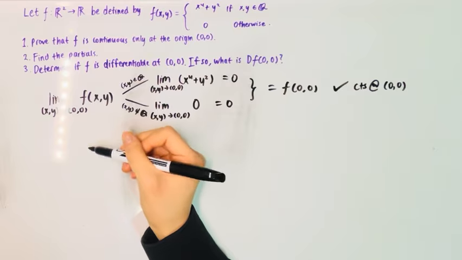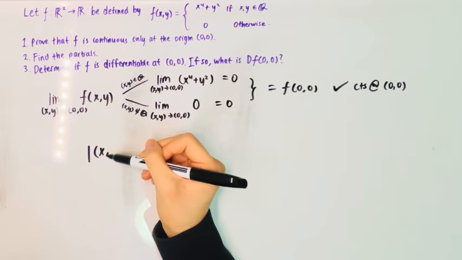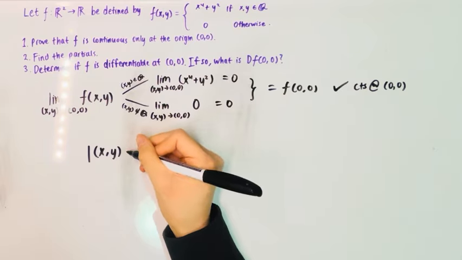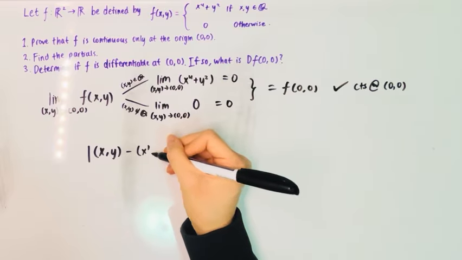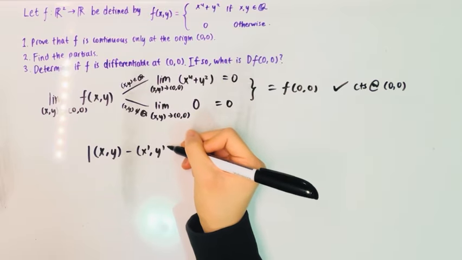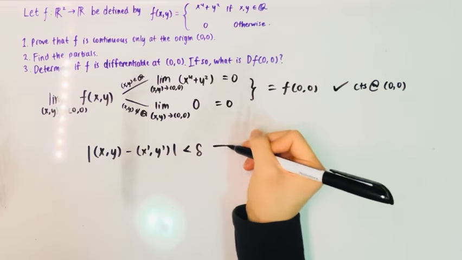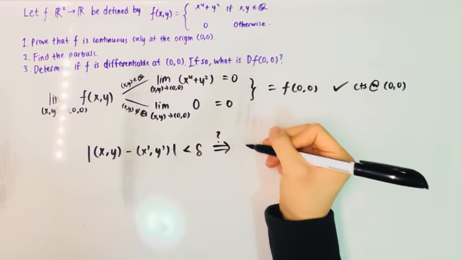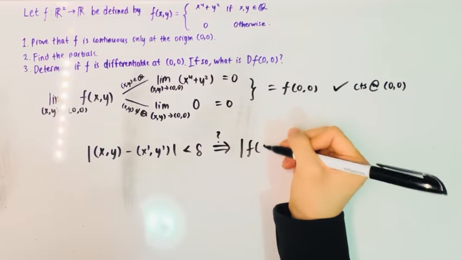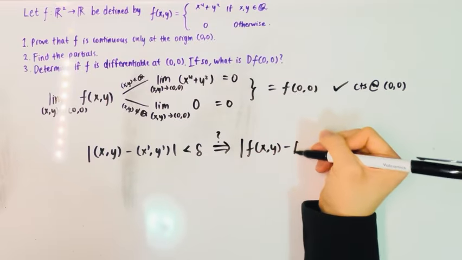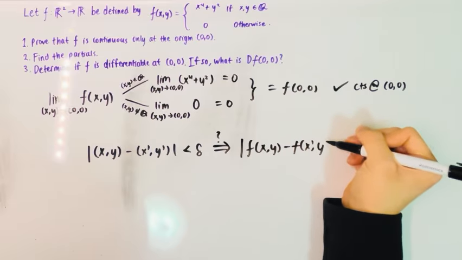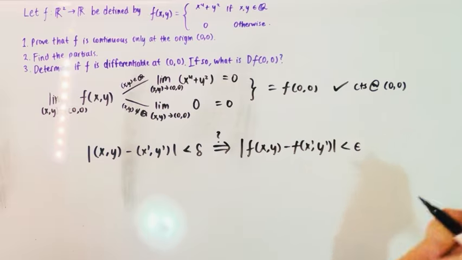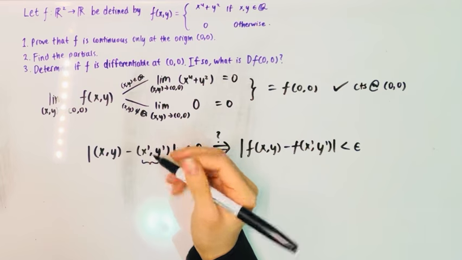Well, what about when it's not at (0, 0)? Taking the delta-epsilon definition of limits, I want to find: does this necessarily imply that |f(x, y) − f(x', y')| is less than epsilon for arbitrary epsilon? And we see that this is not true.